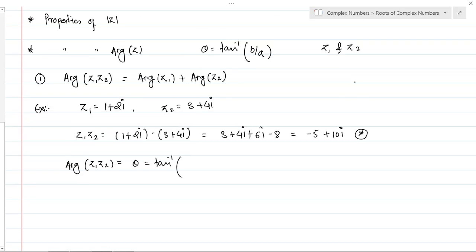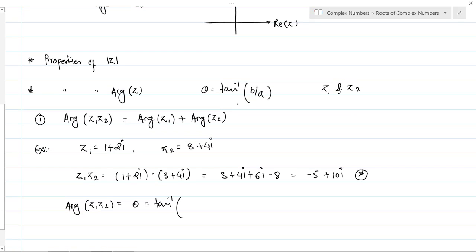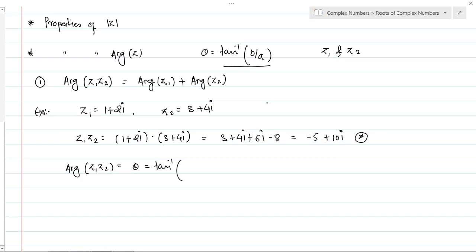The argument of any complex number is given by tan inverse of b by a. So what is b and a in this case? 10 and minus 5. Exactly, so it is 10 divided by minus 5. This is the argument of z1 z2.